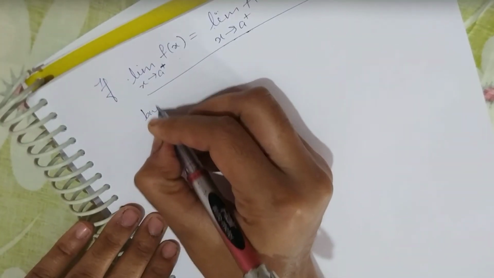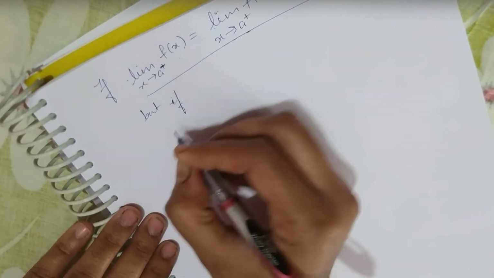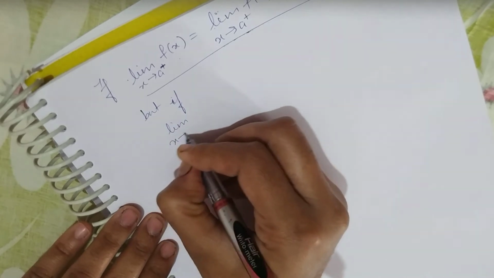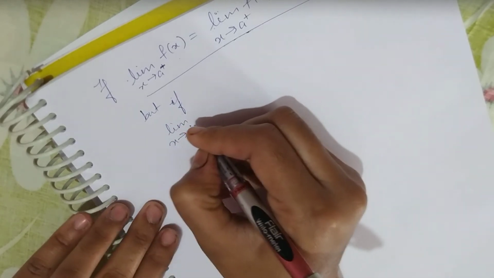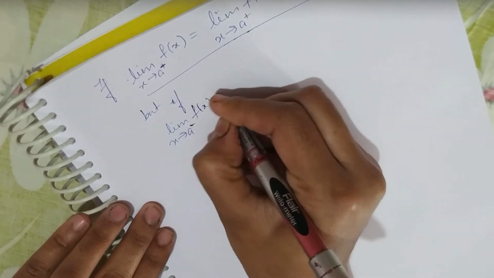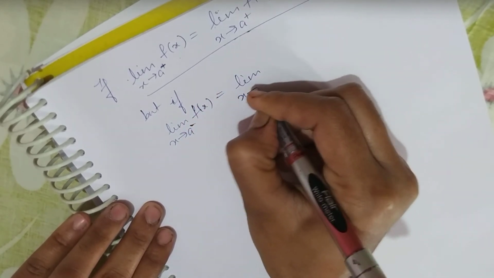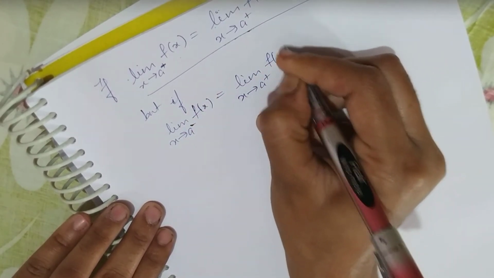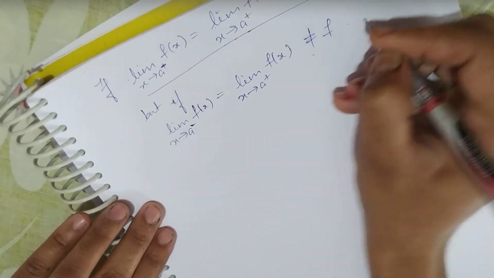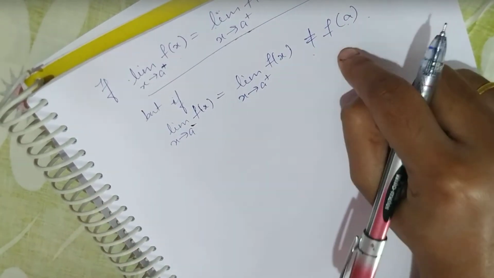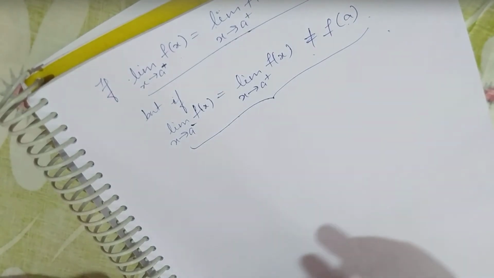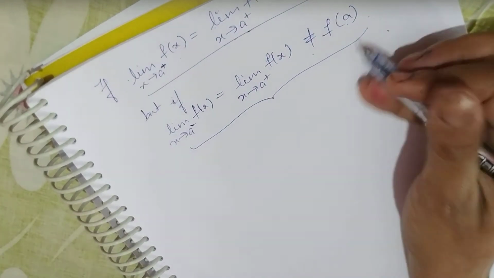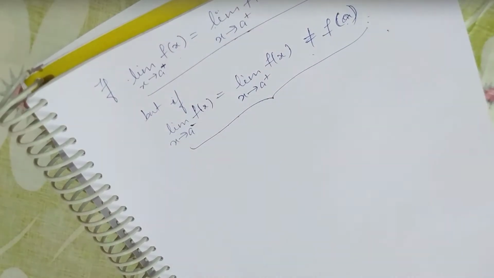But if limit x tends to a, left hand limit is equal to right hand limit, which is not equal to the point f of a, where a is the given point, then it is called removable discontinuity. It is removed by changing the value of f of a.